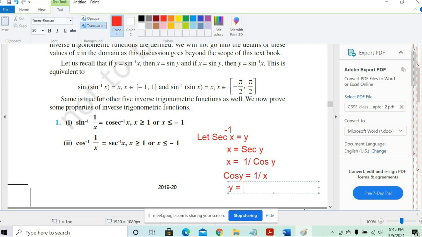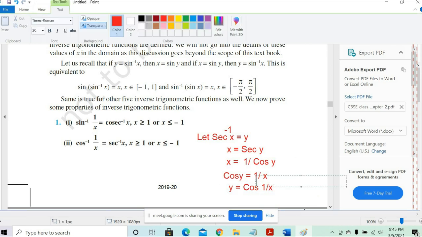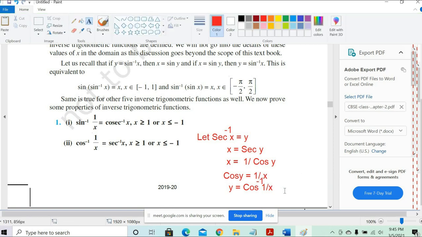Then y is equal to cos inverse of 1 by x. I'll put cos inverse now here, -1. Correct? Yes, sir. Now what is y? Y is secant inverse of x. So in the place of y, I can put secant inverse of x.